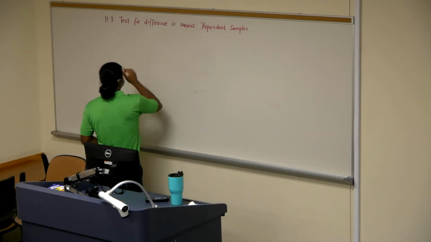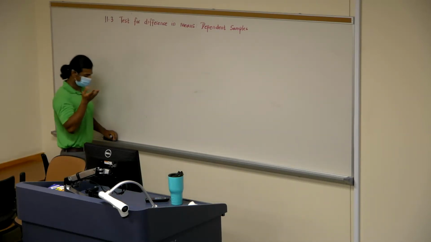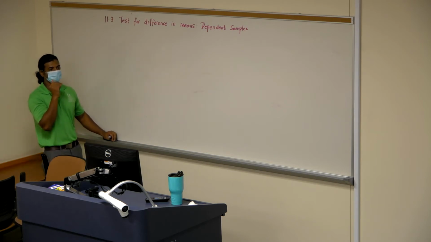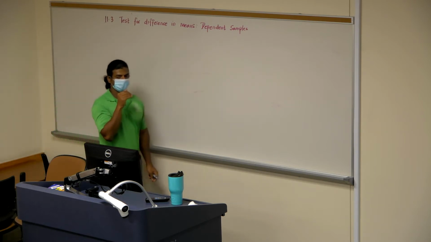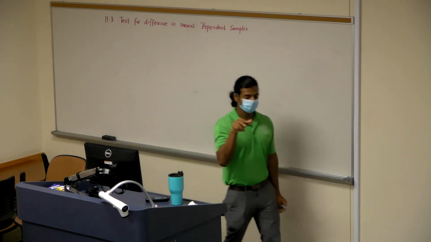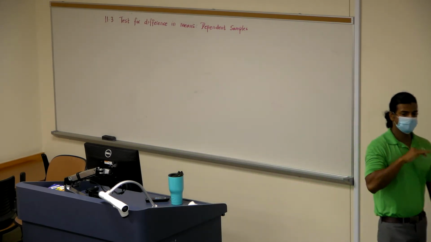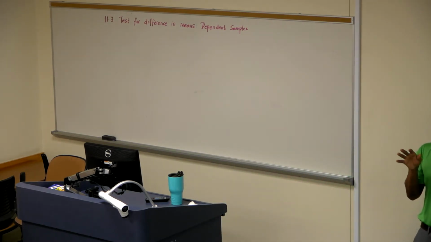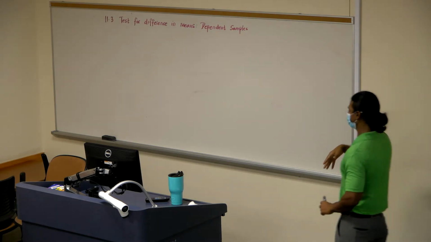So the same concept, we are trying to find difference in means. Last time we had mu1, mu2, and they were independent samples in the sense that one was in Florida, for example, the other in Georgia.